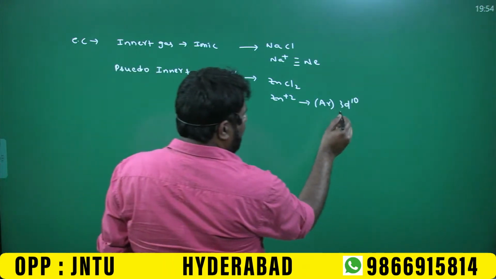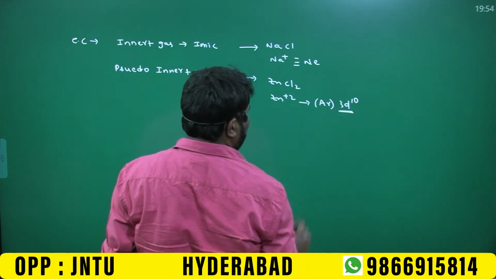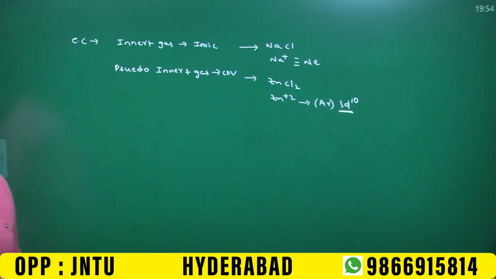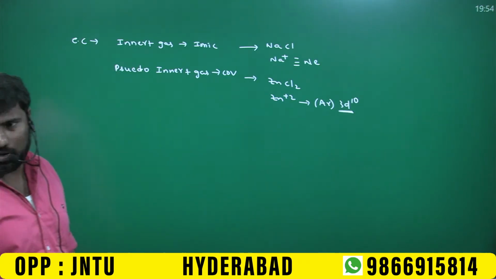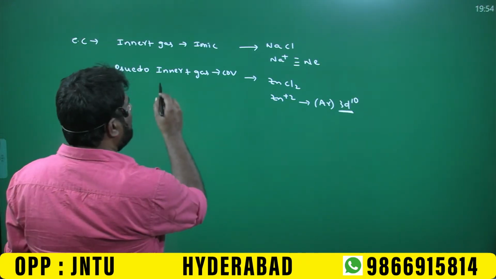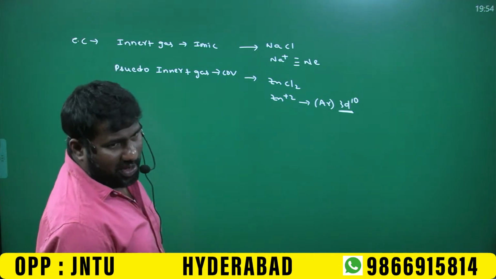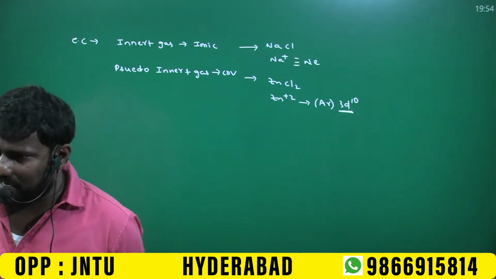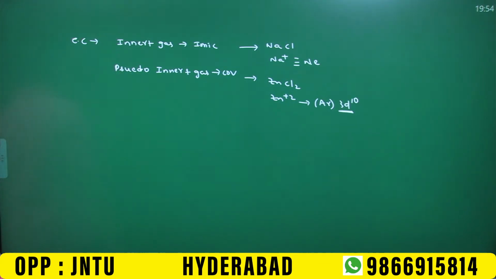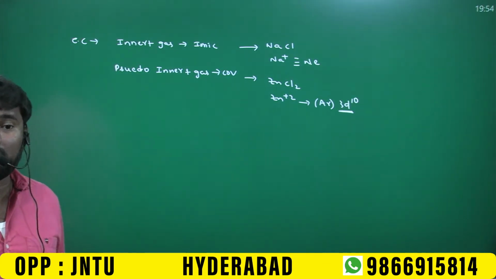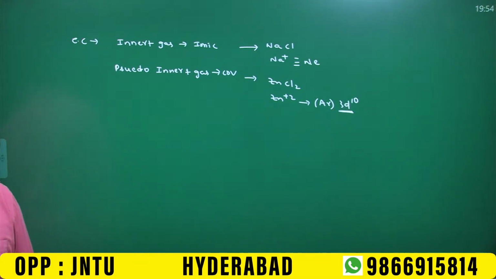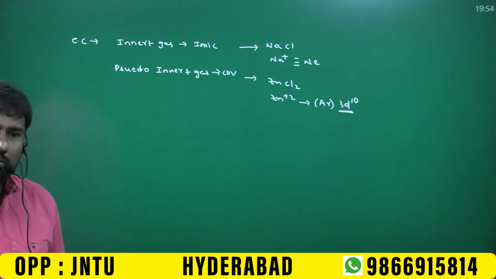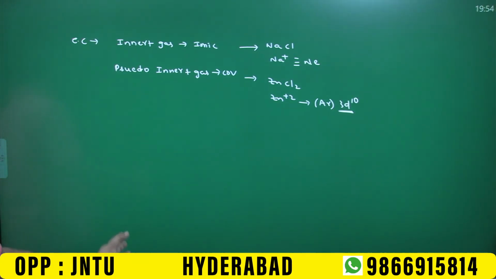Inert gas means a complete, fulfilled configuration; this is not inert gas, and that kind of thing is called pseudo inert gas. If you compare zinc chloride with NaCl, zinc chloride has more covalent nature, and NaCl has more ionic nature. Okay, write down.